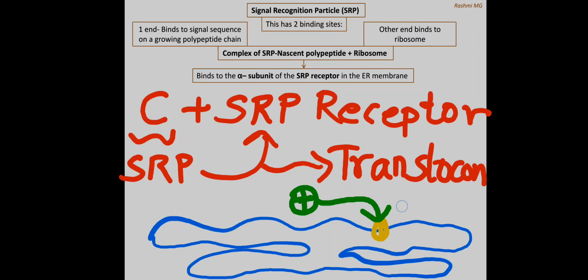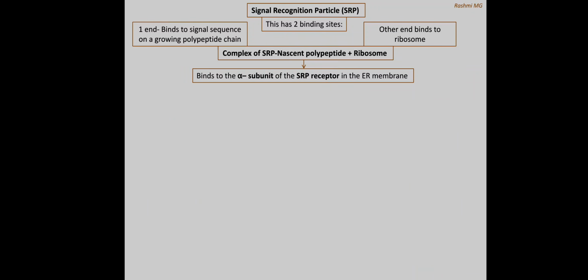The N terminal of the polypeptide chain enters into the ER lumen through this translocone. So consider there is a polypeptide here, right? The N terminal will be directed to the ER lumen through this translocone. The yellow color is the translocone.